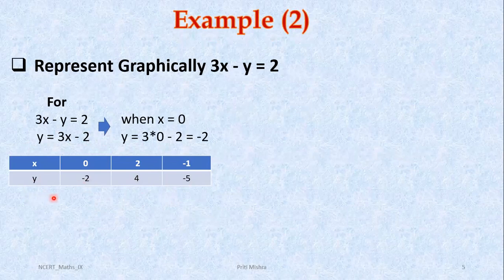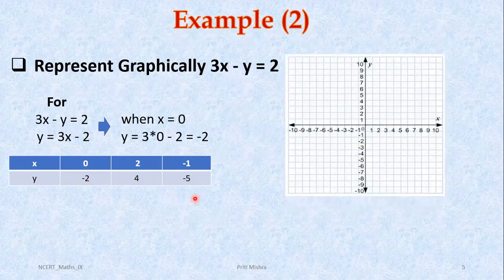So this is the algebraic method to find the solution. Now we are moving towards the graphical method. Just plot the points (0, -2) and (2, 4). After plotting only 2 points, you can see that after joining them, you have a straight line. This is a straight line which is representing the equation 3x - y = 2.